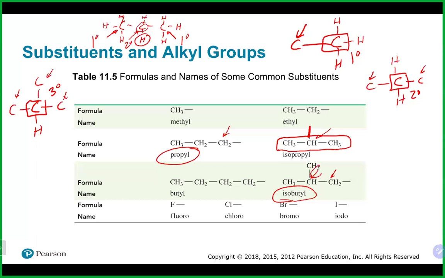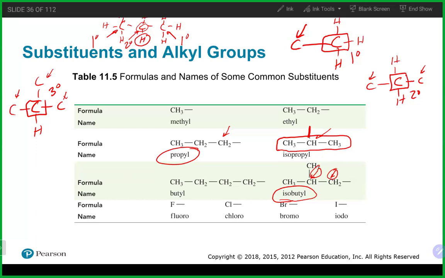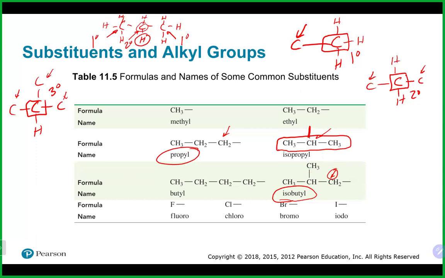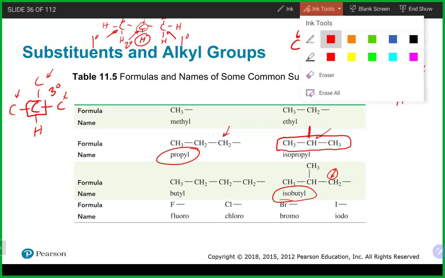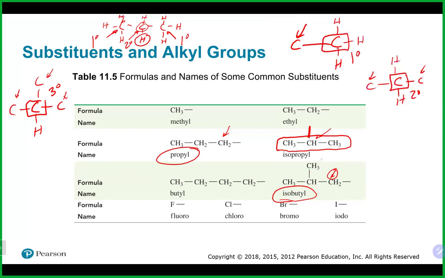This is actually a primary, right, where it's going to be attached. This is isobutyl because it still has the iso group there, which is just like we see in isopropyl, the CH3, CH3 group, and it has 4 carbons.